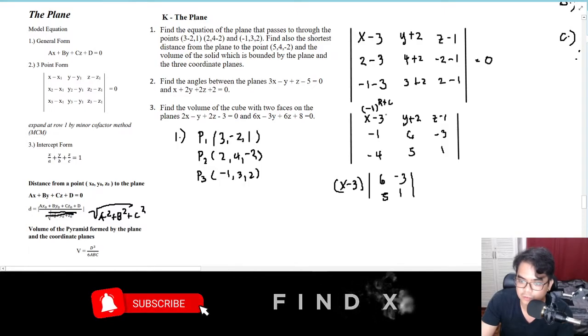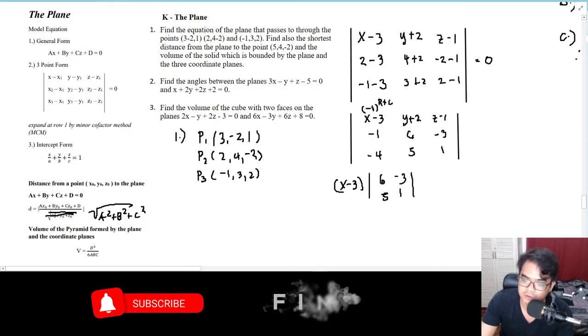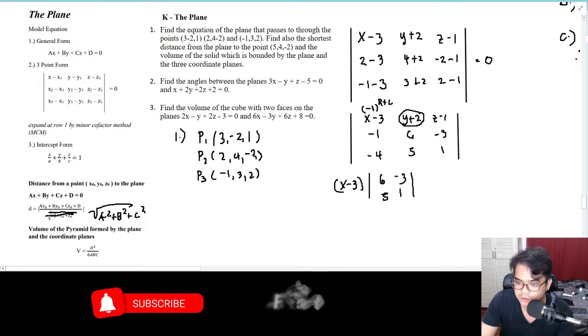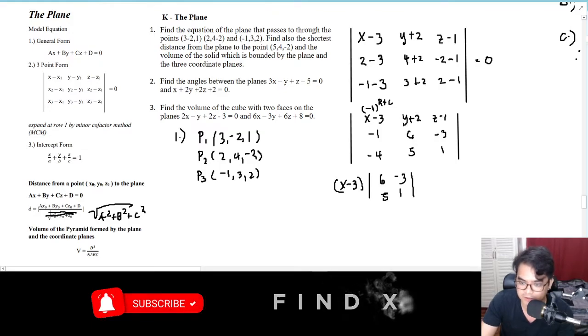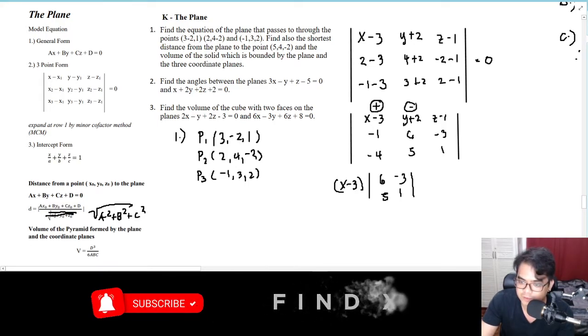For this one, the row is 1 and the column is 1, so 1 plus 1, negative 1 raised to 2, which is 1, so it becomes positive. For the next one, row 1, column 2, that's 1 plus 2, negative 1 raised to 3, which is negative. Therefore, the signs simply alternate: positive, negative, and positive again.